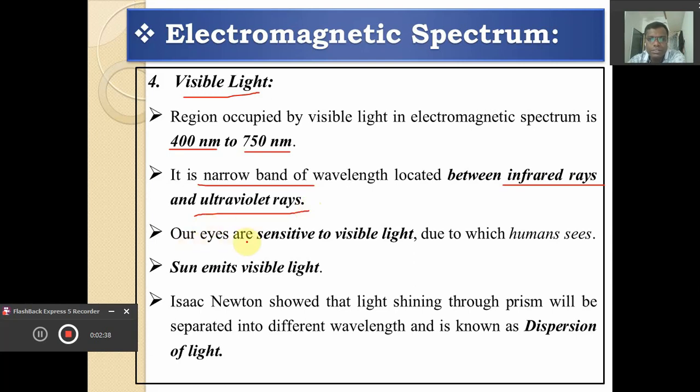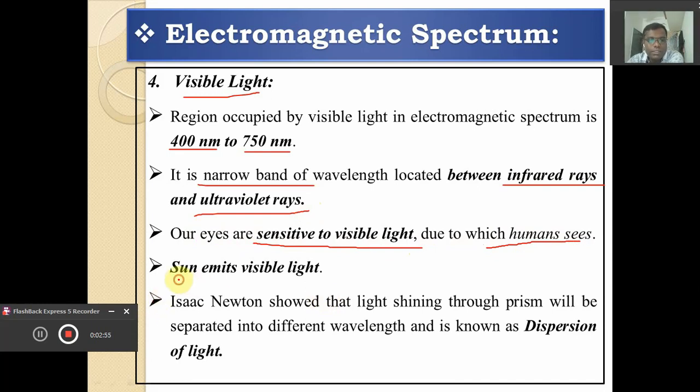These radiations are very important because our eyes are sensitive to this visible light or visible radiation, due to which we are able to see. Humans can see everything only because of this light.